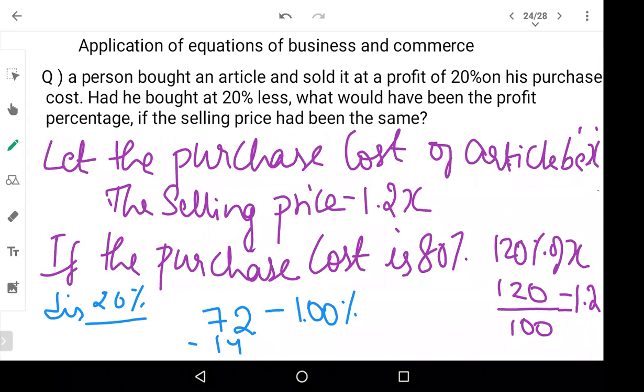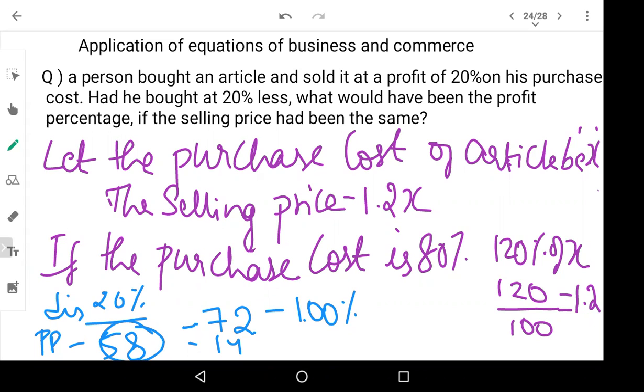So if the stationery shop person, instead of selling it at 72 rupees, had given him discount, the same Parker pen was costing him 58 rupees.